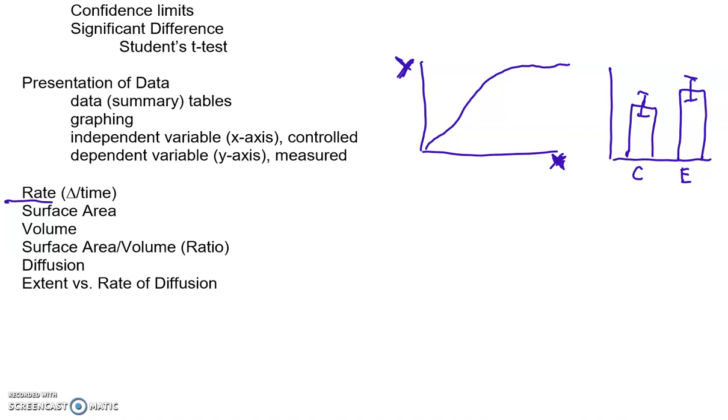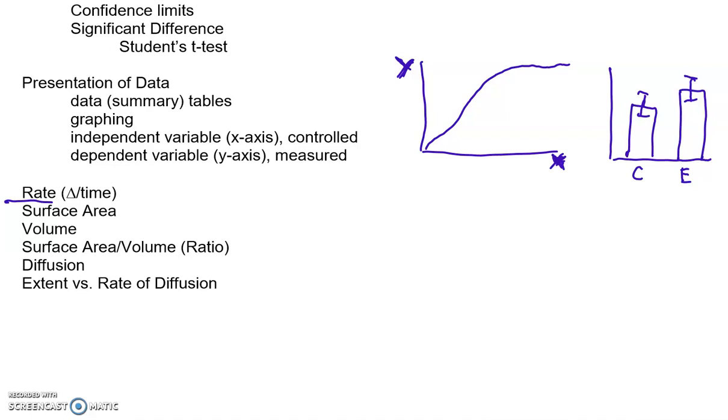If you have huge diffusion distances because your cells are extra large, then diffusion isn't going to work very well for you. But if your volume is small and your surface area is large, then diffusion is perfect because you have very small diffusion distances and you have a large surface area in which you can embed channels and signaling molecules and receptors and stuff like that. We'll talk some more about that as well.